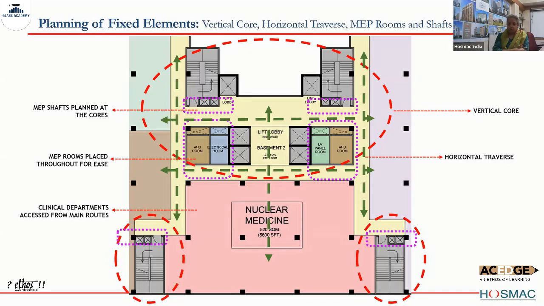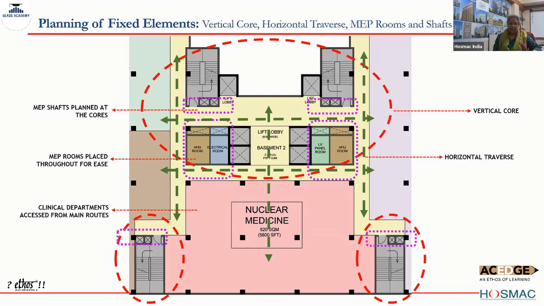Because we do want the shafts, plumbing shafts, fire hose cabinet shafts necessarily, corridor exhaust, smoke exhaust shafts, lift lobby pressurization, staircase pressurization, some places chiller lines, chilled water lines, all these shafts to be accessible.